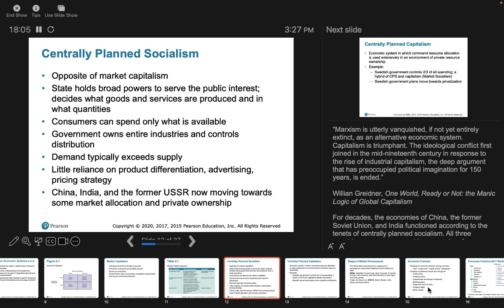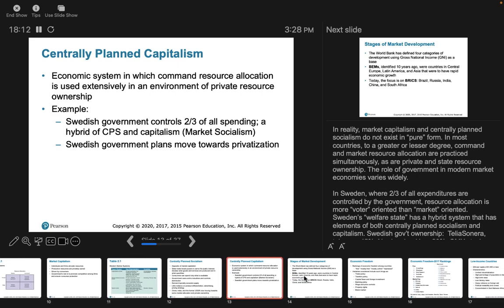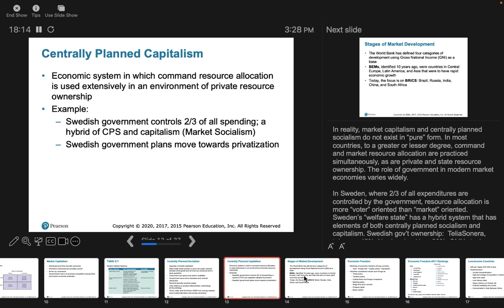So continuing our lectures, this one does not actually exist in pure form. It actually has a mix of this here and there. That is, market capitalism and centrally planned socialism do not exist in pure form.